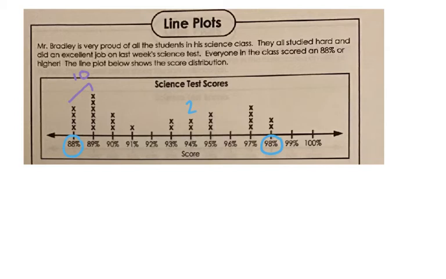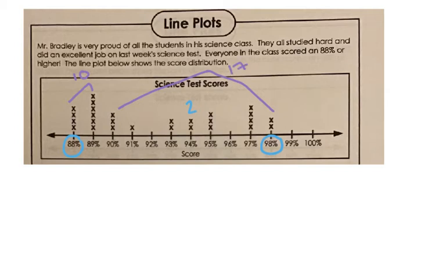So 10 students scored in the 80s. So how many students received a score in the 90s? This time we're going to take all our scores that came between 90 and 98, and we're going to add those all up for an answer of 17.